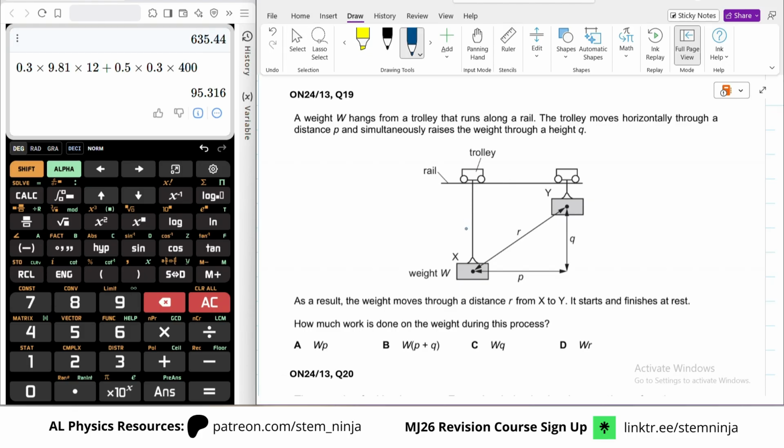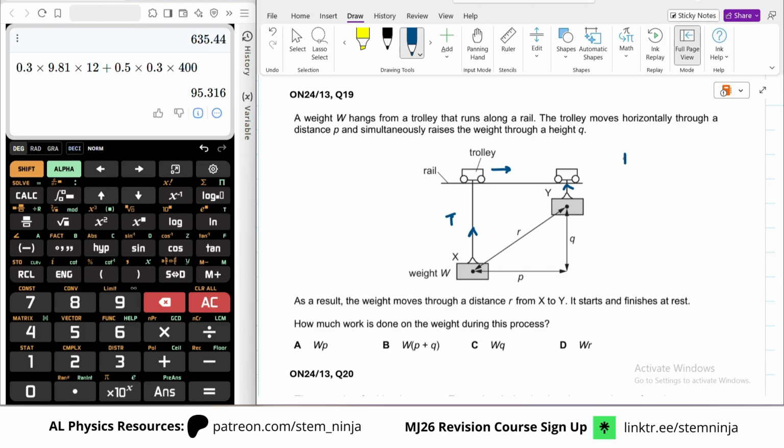So if you see this over here, the force acting on this object, weight W, whatever this object is, is always upwards. It's technically just moving upwards, but it's the motion of the trolley that's making it seem like it's moving towards the right. But the force on this is never towards the right. It's always upwards.